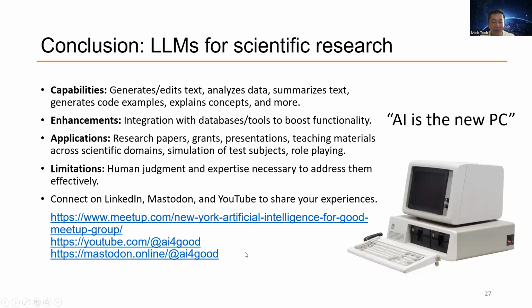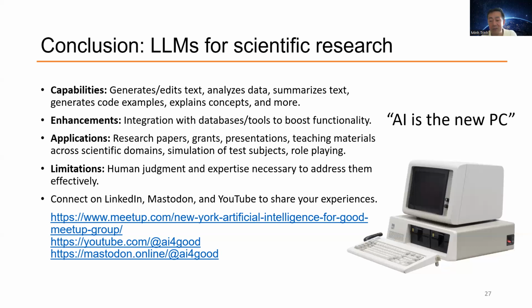Okay, so I linked the meetup link, if you want to get in touch. Here I put a picture of a PC. When I published a book a couple of years ago on AI models, people talked about AI as the new electricity and so on. My analogy was that AI is the new PC. The PC came in the 1980s and really changed everything.